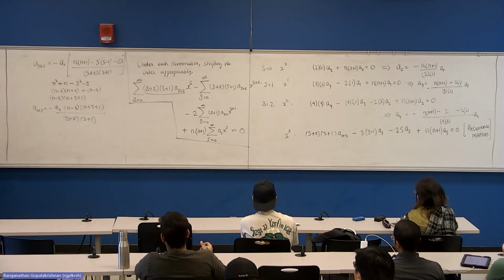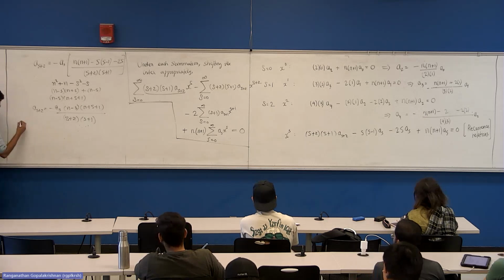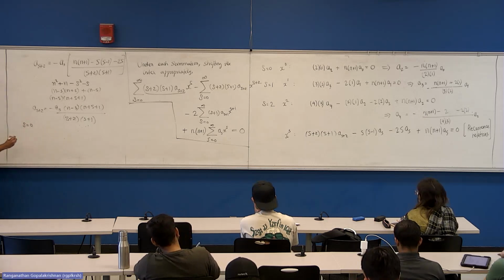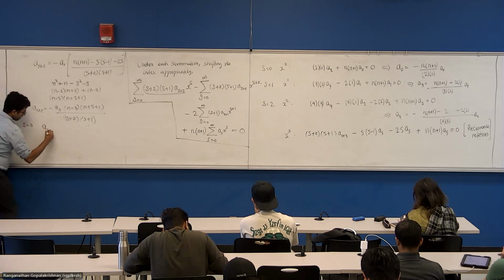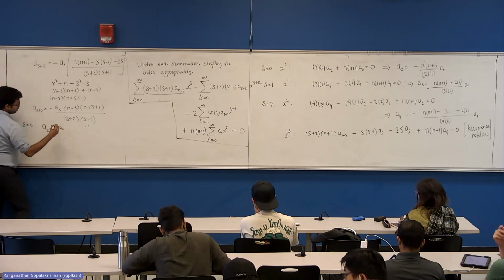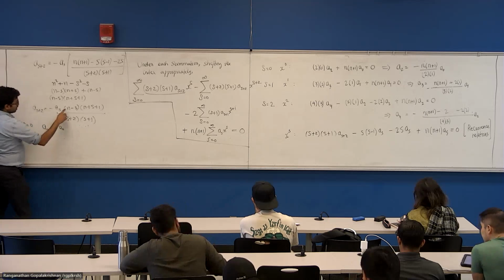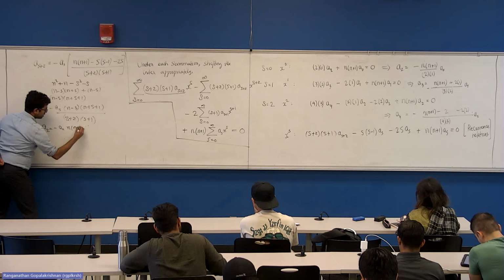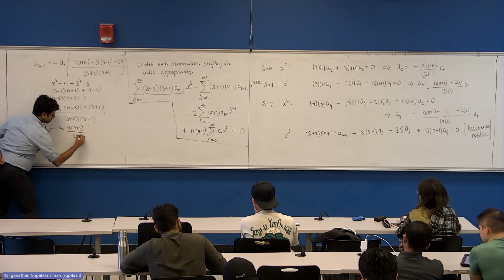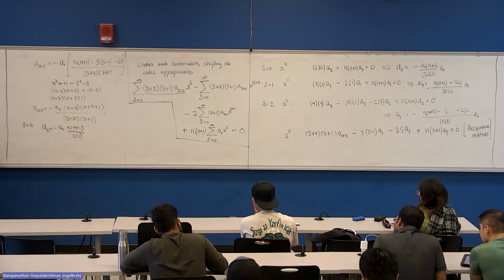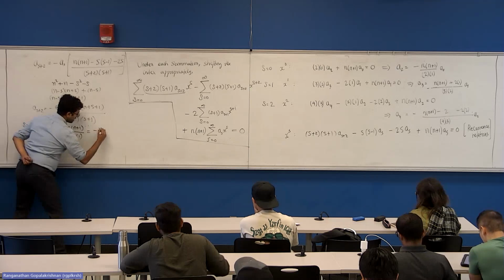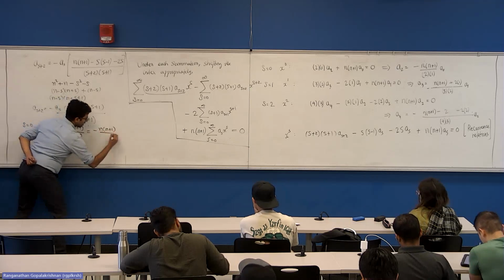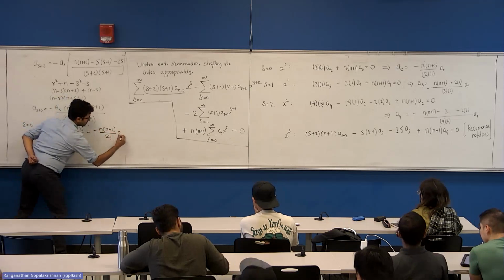So as you can see, if you substitute s equal to 0, you are going to get a2 in terms of a naught multiplied by n times n plus 1 divided by 2 times 1. Or I'll write this as minus n times n plus 1 divided by 2 factorial times a naught.